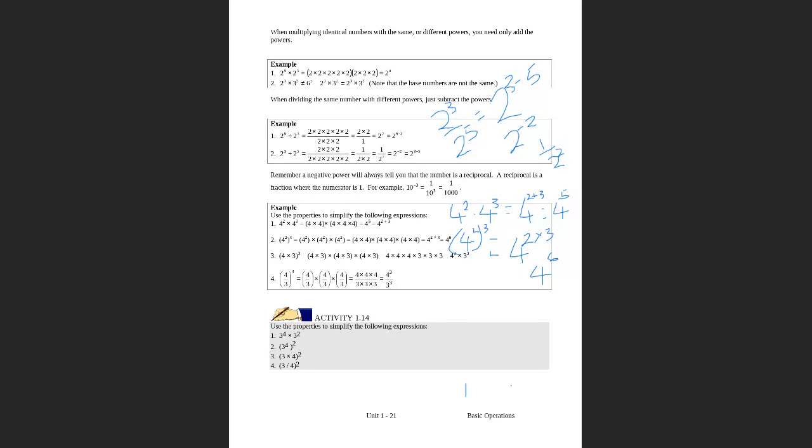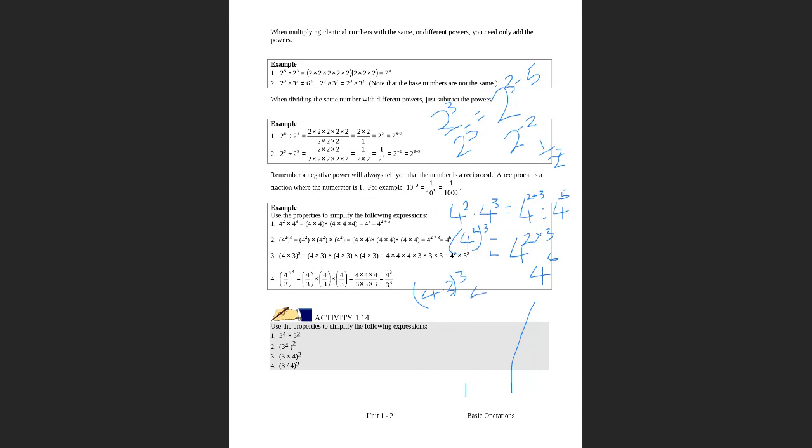Then the next one we have 4 times 3, all exponent 3. Because there is a bracket, this affects every single thing in the bracket. It affects 4 separately and 3 separately.